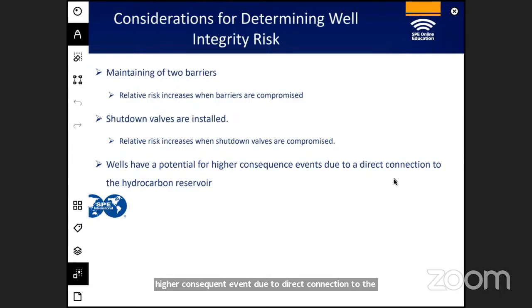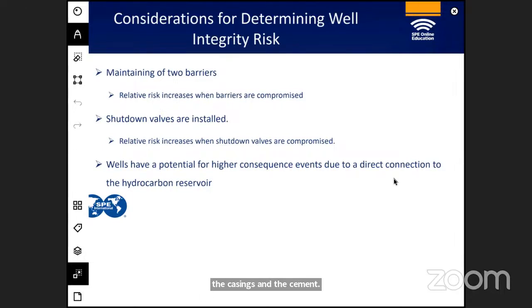Because if the barriers fail, then this hydrocarbon will directly release to the atmosphere. We do not have any subsurface barrier connected to the reservoir other than our downhole safety valve and Christmas tree valves, and from outside the well, we have the casings and the cement.